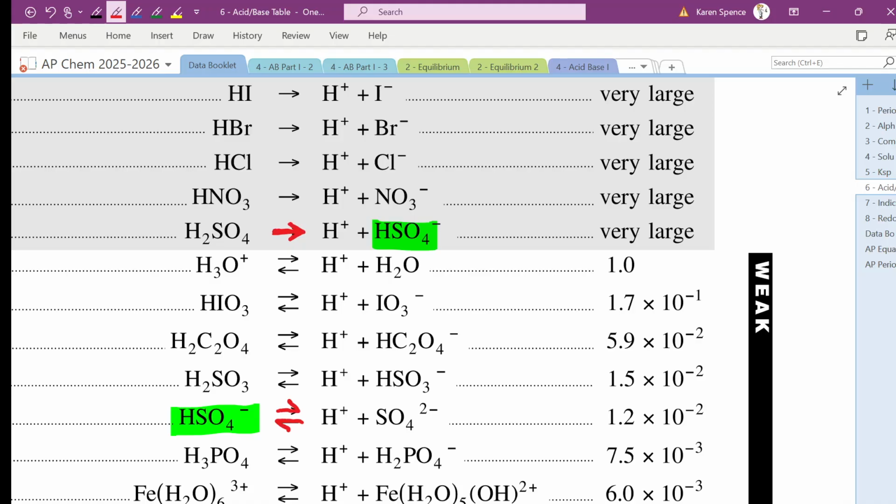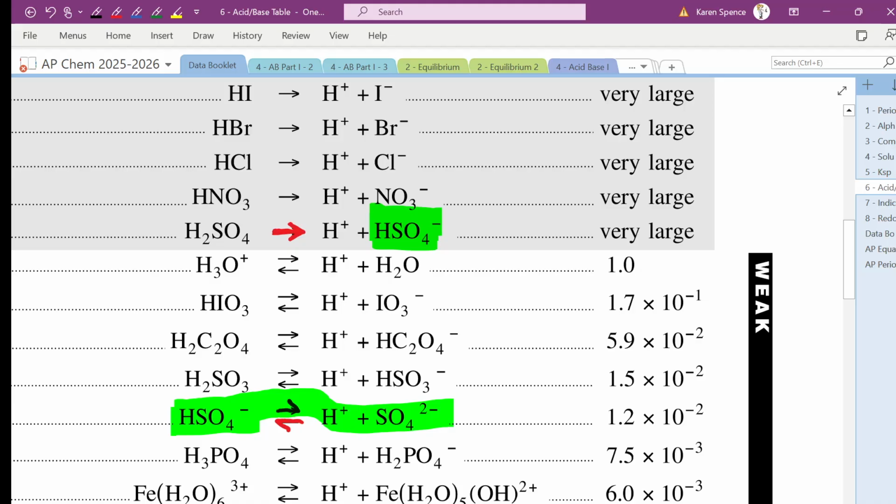Is HSO4 amphiprotic? Can HSO4 donate a proton? Yes, there it goes. It is donating a proton.